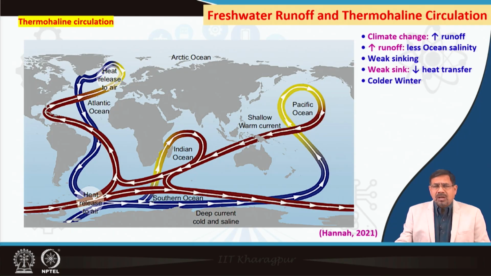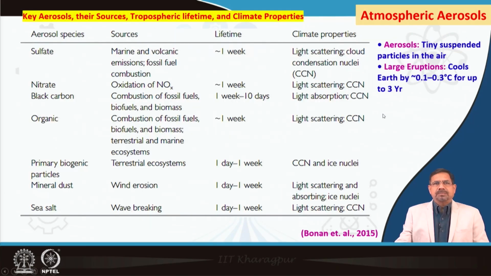Freshwater runoff, which is mostly coming from the terrestrial landmass through the estuaries or through the seas, and the thermohaline circulation explain the circulation component and thereby the climate change mechanisms.